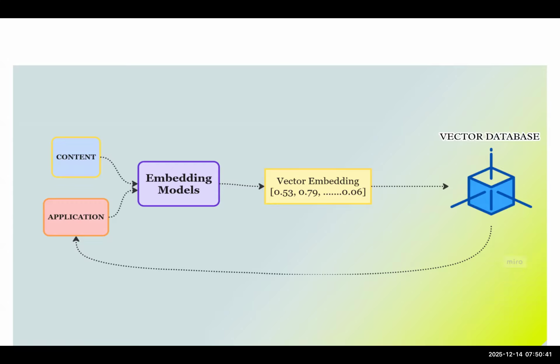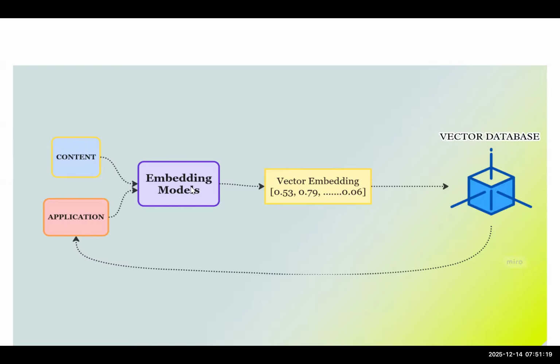So if you use one model to generate embeddings for the source data and another model to convert the user question, they do not follow the same algorithm, so you don't get good results when you search the database. So it is a requirement that you use the same embedding model for the user question that you used for converting your source documents or source data into the embeddings in the vector database.